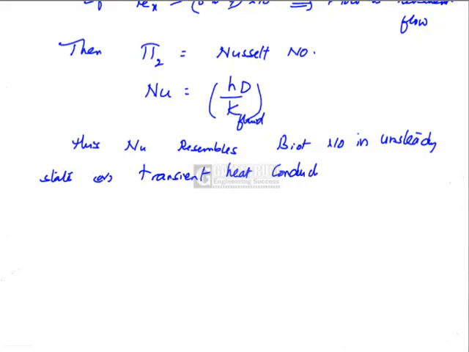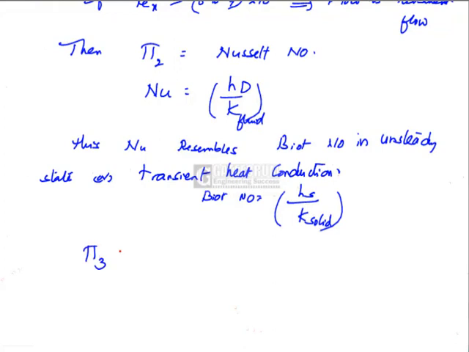But in Biot number, this is conductivity of the solid, which is the criteria. The value of the Biot number is the criteria for lumped heat capacity analysis. We have seen already.